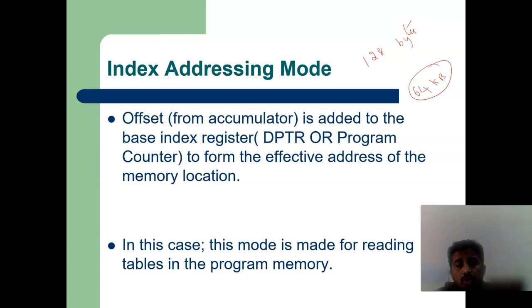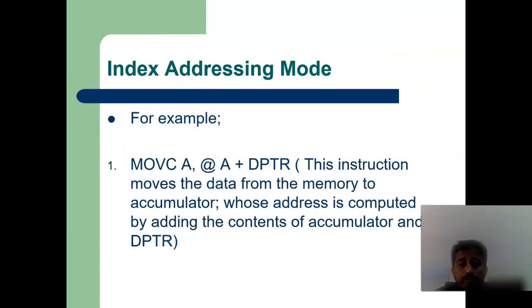When you want to locate program memory or data memory, we can use an instruction like MOVC A, @A+DPTR, where MOVC accesses program memory. Here, whatever the A value is, it is added to the data pointer.